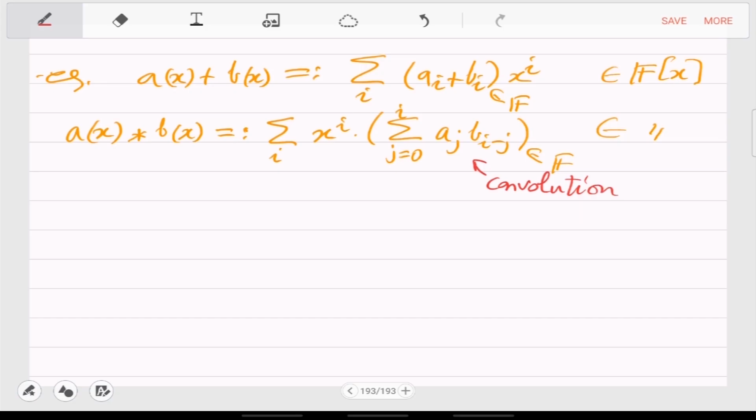So, if there are t terms in A(x) and B(x), then what is the time needed by this algorithm to calculate the product? T square, right? And for the sum, it's only t, so that's a single scan. t is the number of steps to compute polynomial sum, and to compute polynomial product, it is t square, so that's quadratic time.